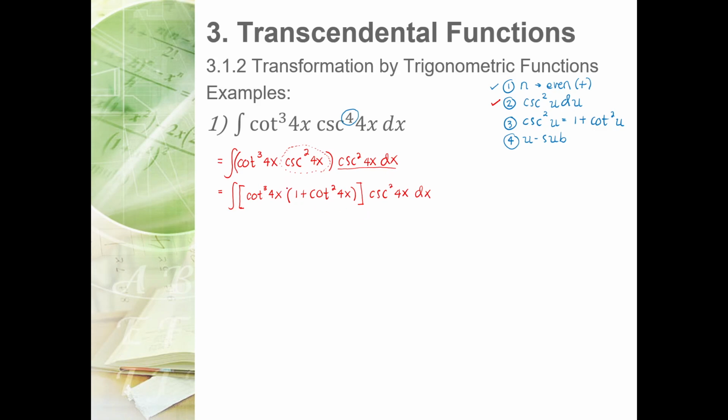Okay, so next step, before we go to the u sub, is we try to simplify the terms first inside the integrand, or the remaining integrand. So let's multiply this one.